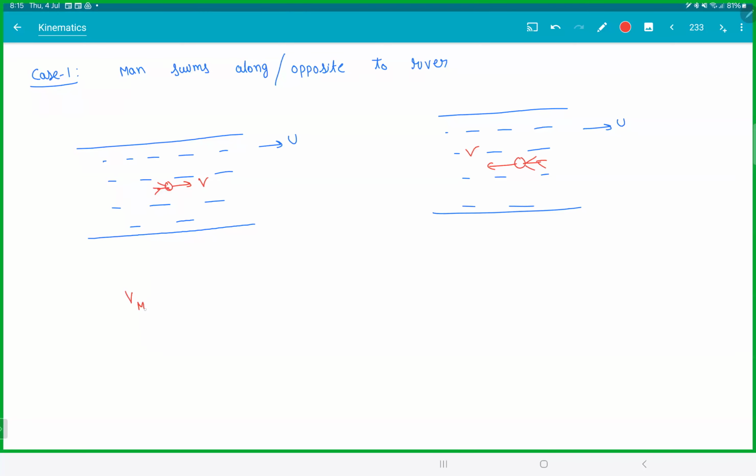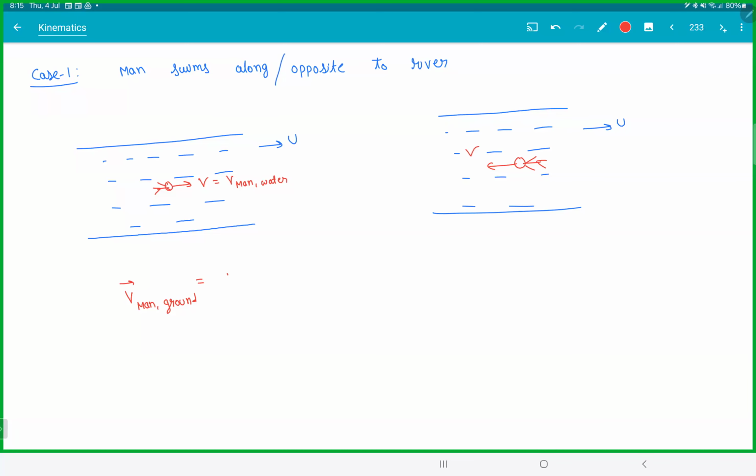So the velocity of the man, as seen from the ground. Now understand, when you say relative motion here, what is this V exactly? This V is the velocity of the man with respect to water. It's like you're sitting inside a train and you're walking inside the train. The train's speed adds up. You don't subtract here.